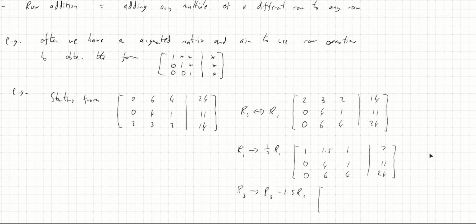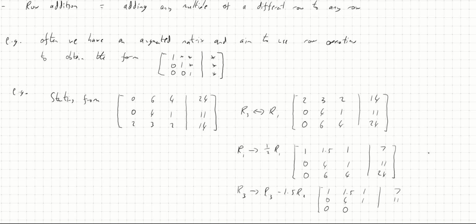In this case, it's subtraction, but we're subtracting 1.5 times row 2 from row 3. So now row 1 is unchanged, 1, 1.5, 1, 7. Row 2 is unchanged, 0, 4, 1, 11. And now row 3, well, we take away 1.5 lots of row 2. We get 0. 1.5 times 4 is 6, so 6 minus 6 is 0. That's good, that's what we wanted.